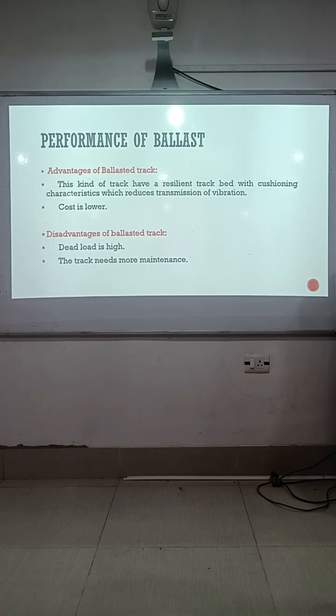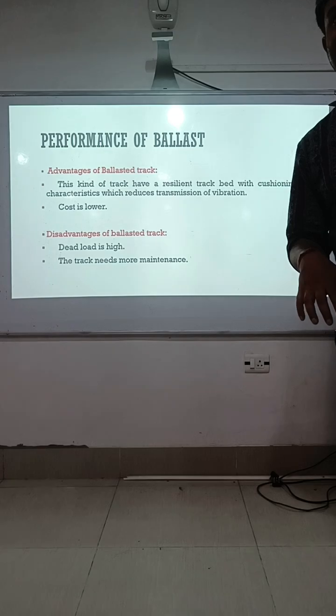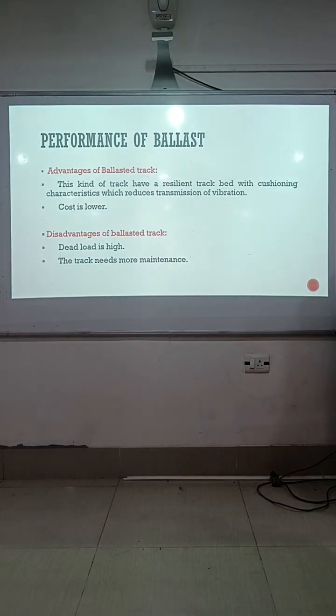Below the track there will be some structure, maybe an elevated structure or maybe an underground structure. That structure, which takes the load of the tracks, has to be designed very precisely because there is a high dead load because of the presence of ballast.